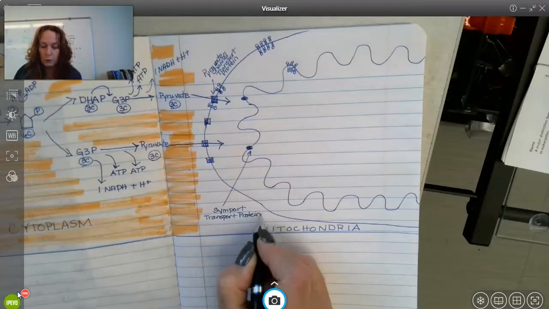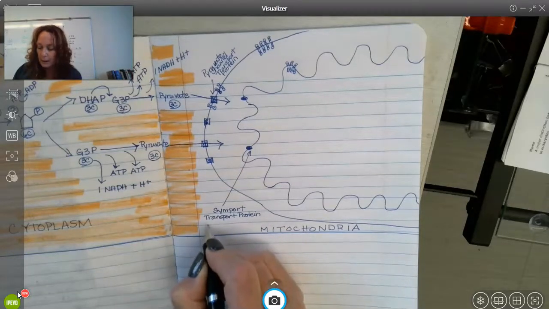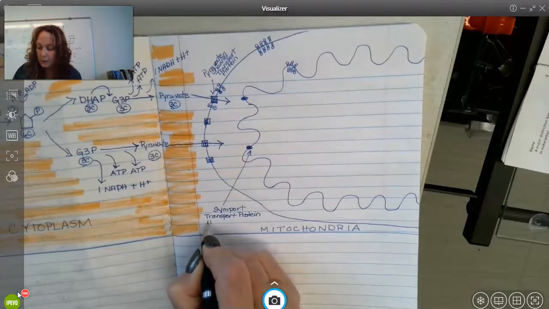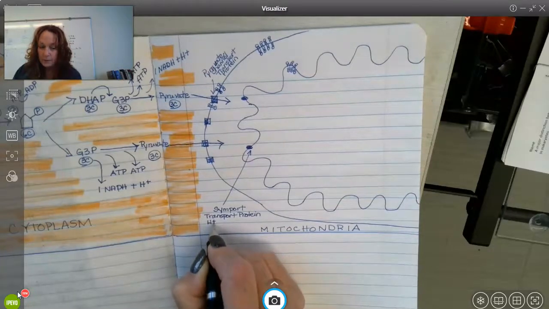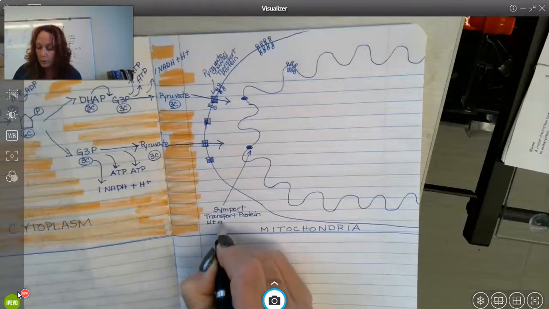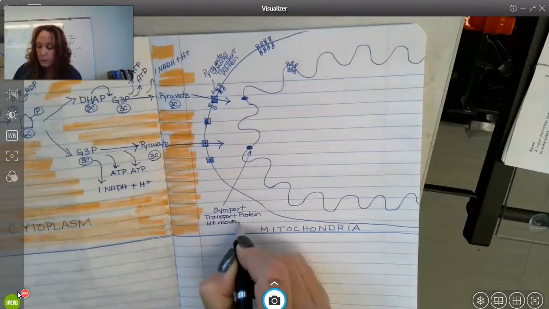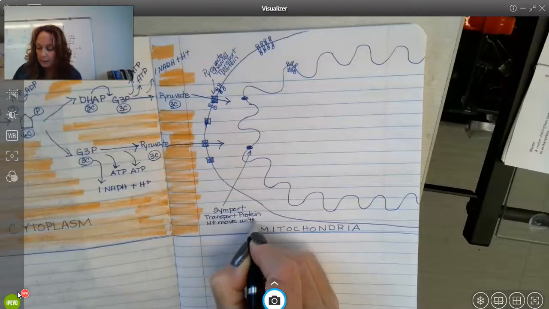And what it will do is it will have a hydrogen ion move with its gradient.